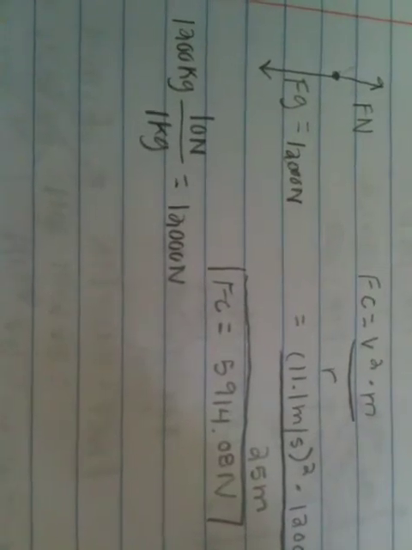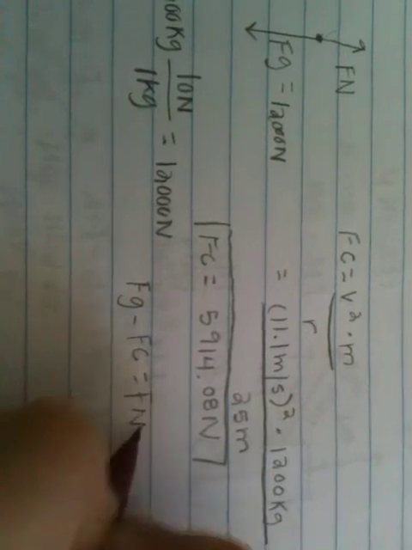So now that we have our force gravity and we have our force centripetal, we can use the two values in order to find the force normal on the force diagram. So we are going to do force gravity minus the force centripetal is going to equal our force normal.